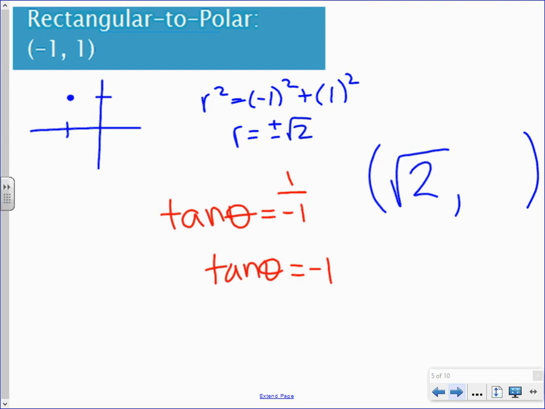Jen, what's our angle? 135 degrees. I'm going to go ahead and write that as 3 pi over 4. When you can, I would like them in radians. So that would be our coordinate, radical 2, 3 pi over 4.